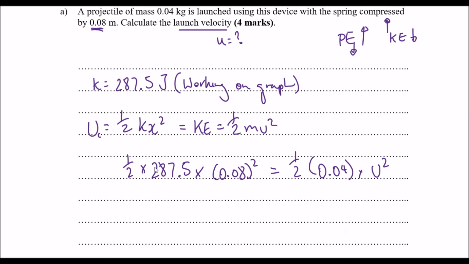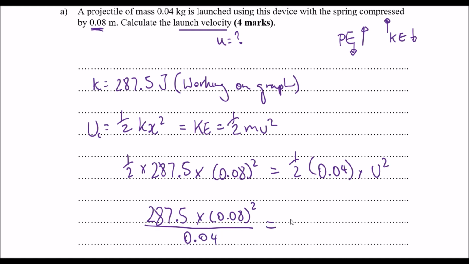So let's rearrange all the things to the other side and then try and find an answer. So we have our half here, so times both sides by 2, so that will cancel out the half here. So we're left with 287.5 times 0.08 squared. Okay, we need to get rid of the 0.04 from the v squared, so divide both sides by 0.04.